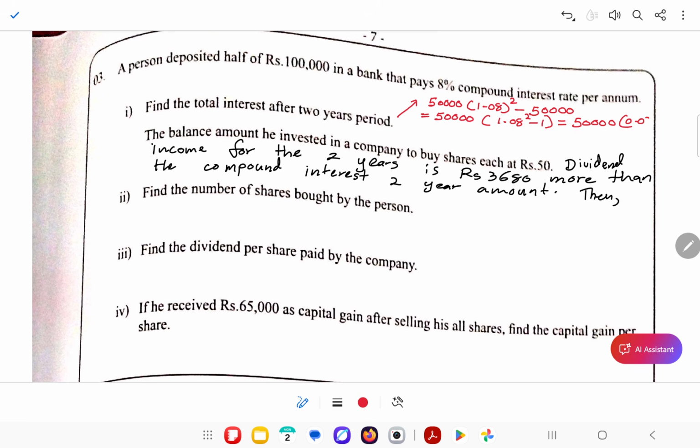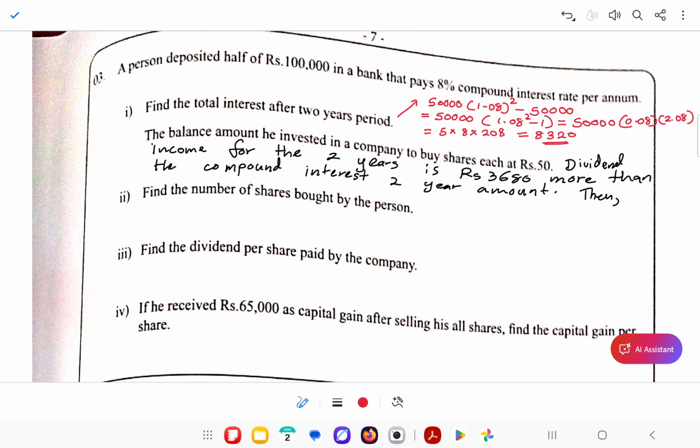So 0.08 into 2.08, right? So now simplify and get the answer. 8 into 208. So you have 5 into 8 into 208. 8,320. So that is the total interest after 2 years.